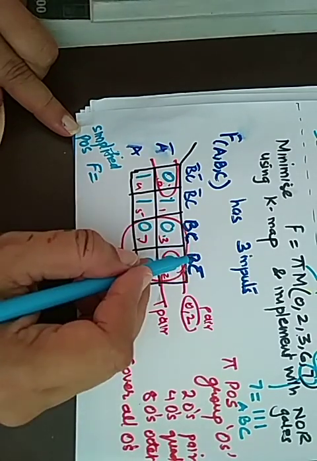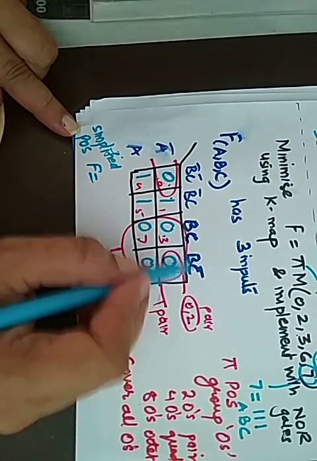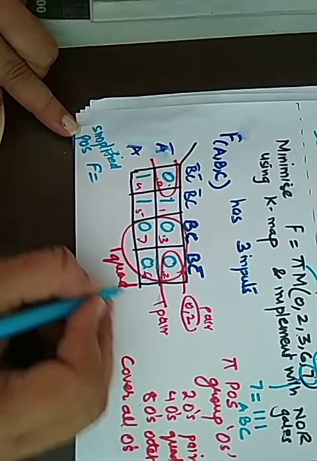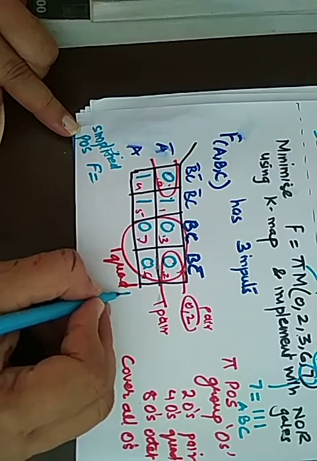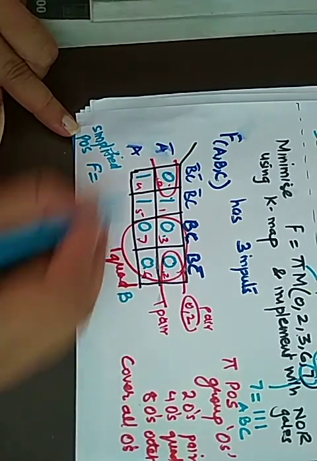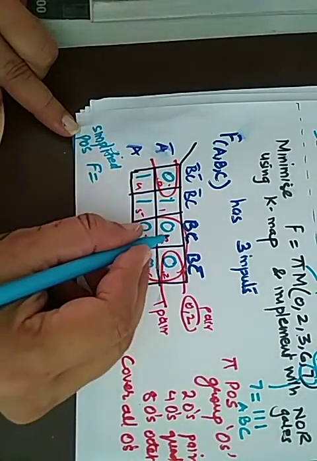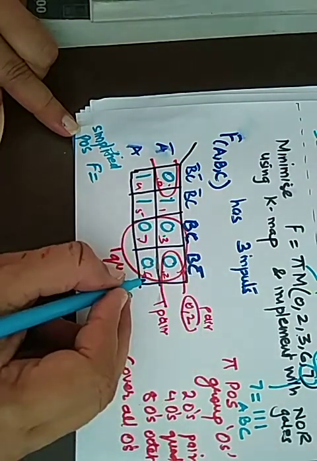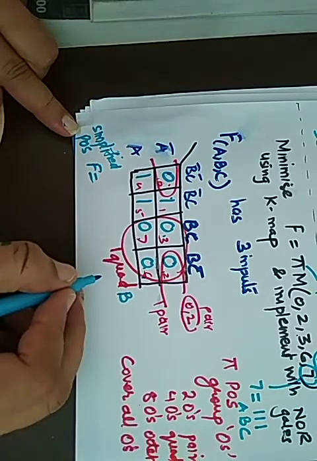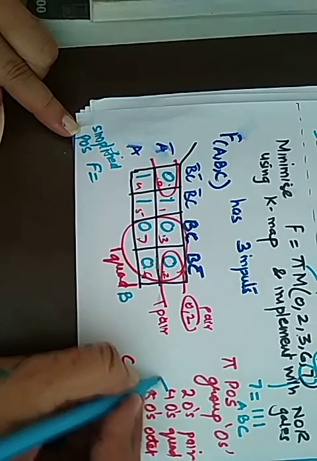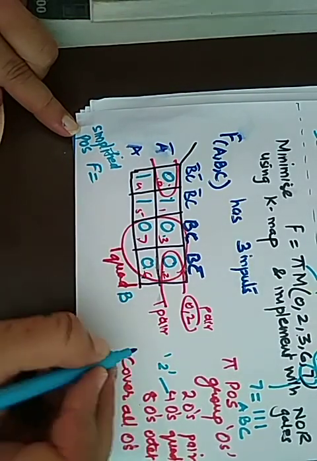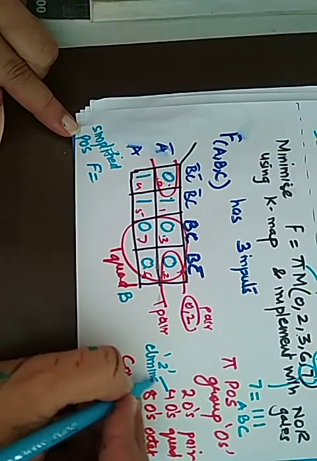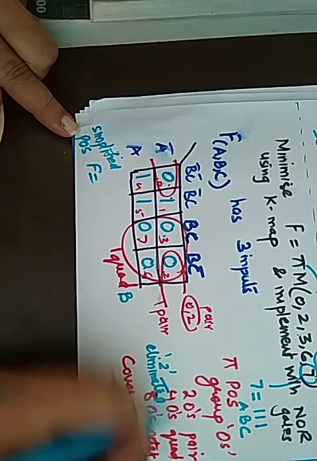B is common, C is changing. This is C, this is C bar. So C will get eliminated and you're left with the value of only B. A is eliminated from here because A bar, A, and C eliminated from here because this is C and C bar. And remember that the quad has eliminated two variables. So two variables are eliminated by a quad.